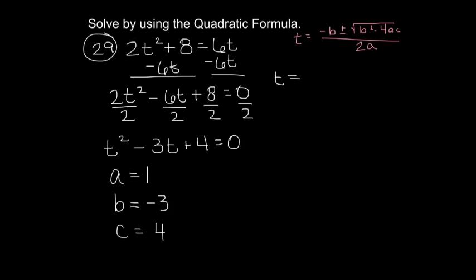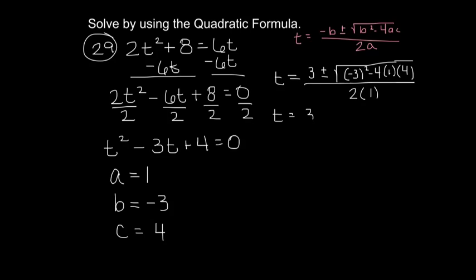So b is negative 3, the opposite is positive 3, plus or minus the square root of b squared, so that's negative 3 squared, minus 4 times a is 1, and c is 4, all over 2 times a, so that's all over 2 times 1.